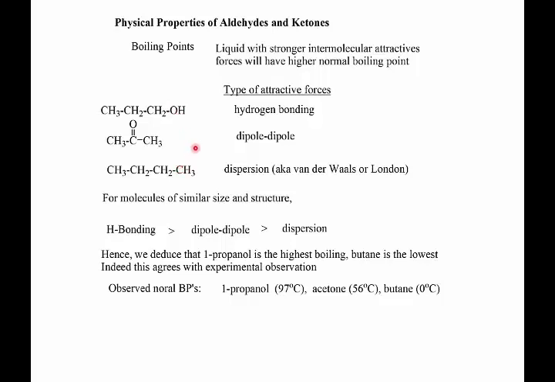What you have to do, of course, is to determine the type of attractive force in each of those compounds. In this particular case, the alcohol, the dominant attractive force is hydrogen bonding. The OH group of one alcohol molecule can be attracted in a hydrogen bond way to a second alcohol molecule.